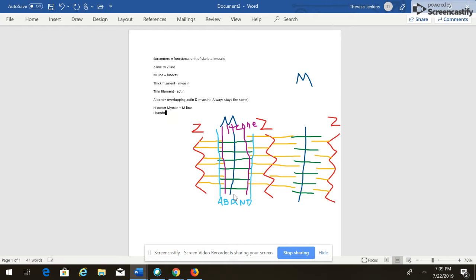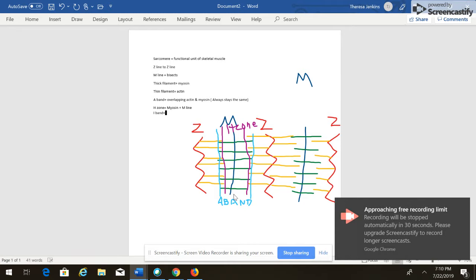The I band is going to start at the end of the myosin filament, and it's going to span into the next sarcomere to the end of the next myosin filament.